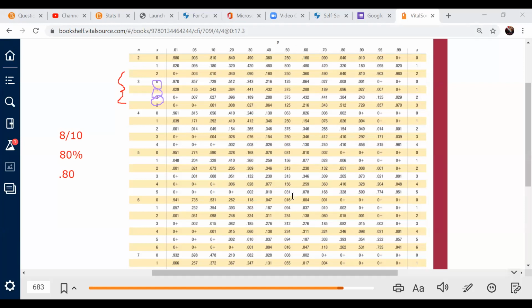So according to what Jasmine just said to us, Jasmine believes that this is the, it went to the wrong place. This is the probability of success column that we should attend to, because that's where she is.